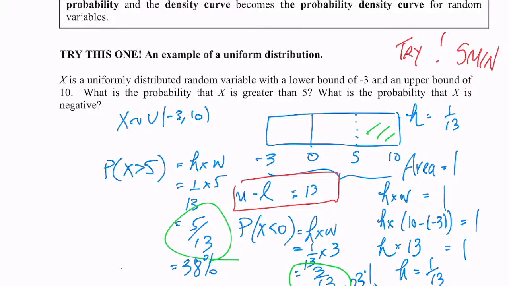Okay, good. Any questions? So that's how you deal with uniform distribution. Now there are other shapes, like I said, in the assignment, in the practice, and in the exams. And you should be able to deal with them, given the instructions.